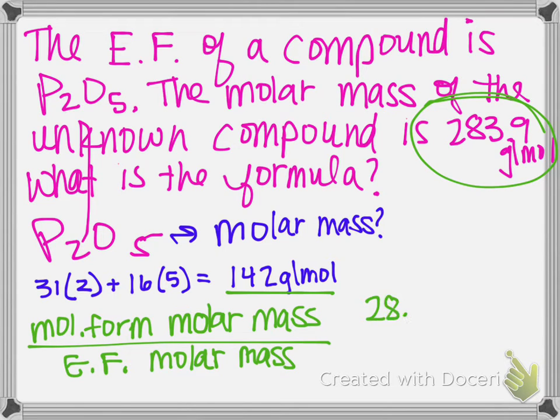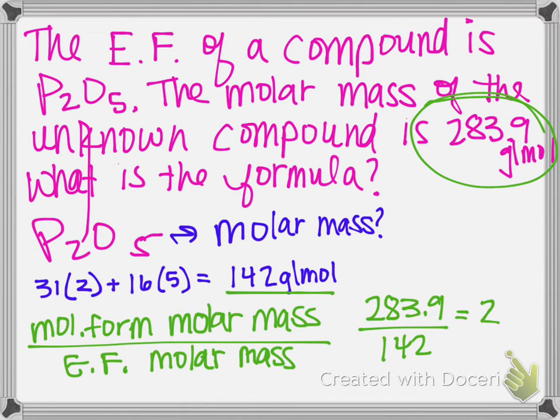So 283.9 divided by 142. This should give us a nice round number, or very close to a nice whole round number. Comes out to 1.99929, right, which is 2.